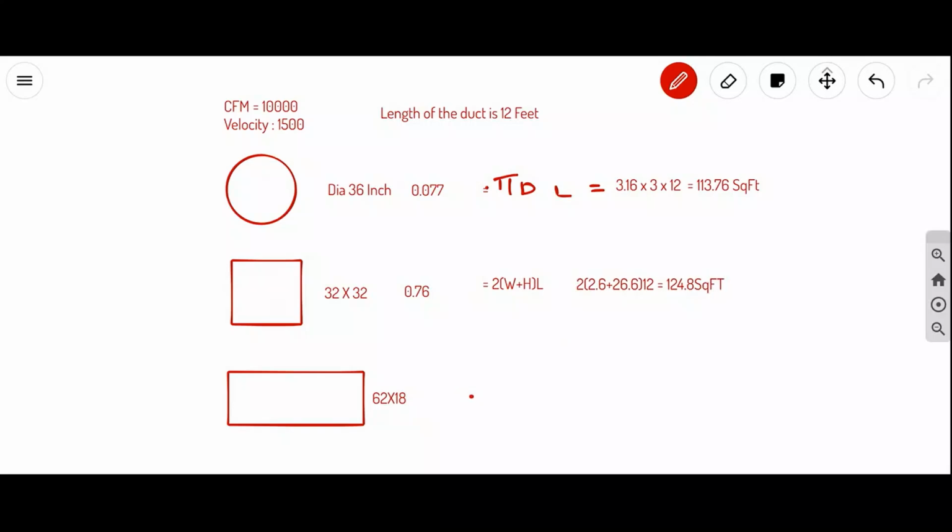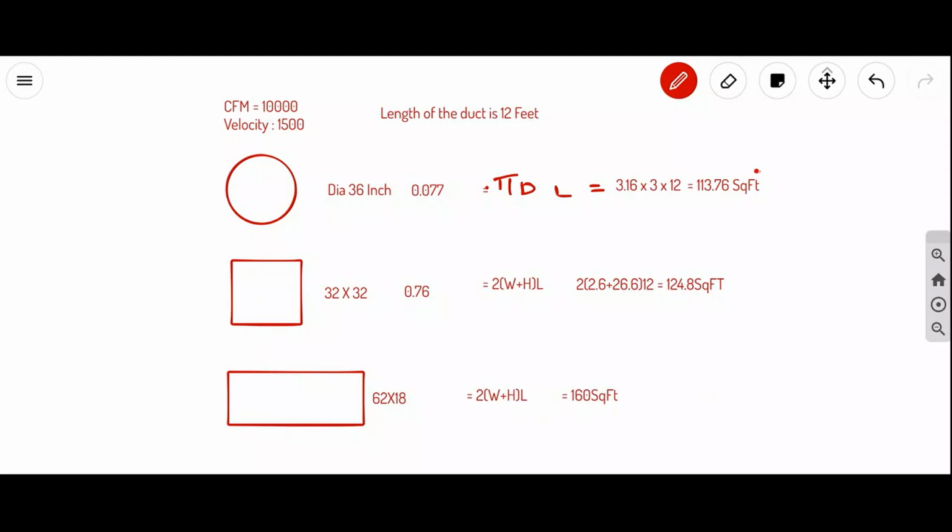Next, same like that: 2 into (width plus height) into L. So 160. Are you able to notice something here?